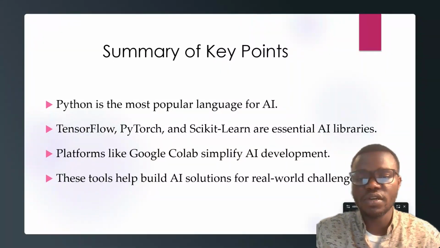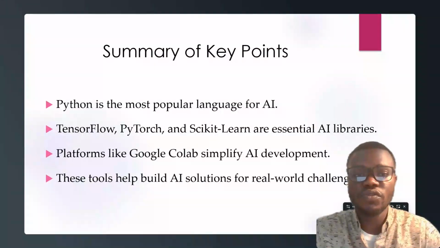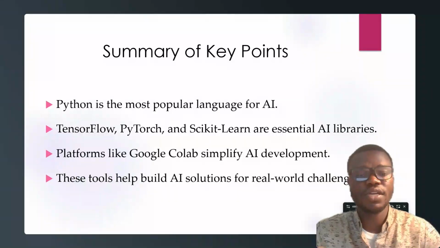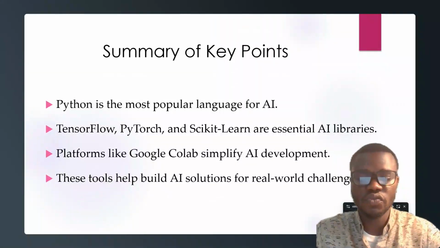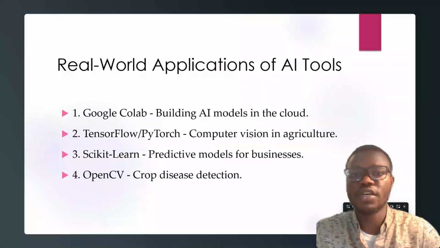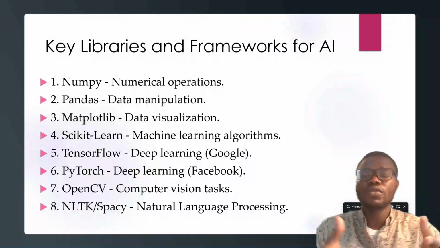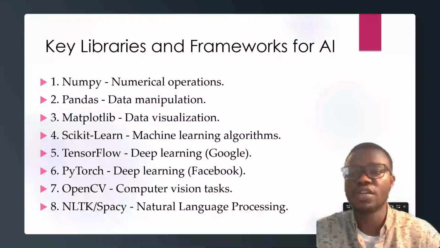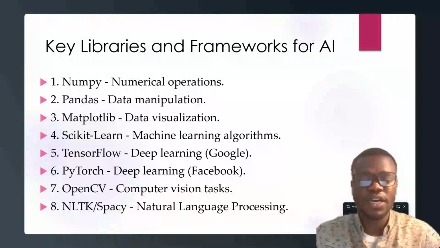These tools help build AI solutions for real-world challenges. These are some of the tools I have given you. You can rewind and look at them deeply, and see that these are great tools for you to learn. They help you with data manipulation: NumPy, Pandas, Matplotlib when you want to visualize data, scikit-learn, TensorFlow for deep learning, PyTorch for deep learning.